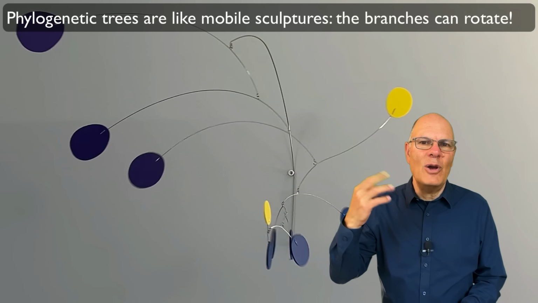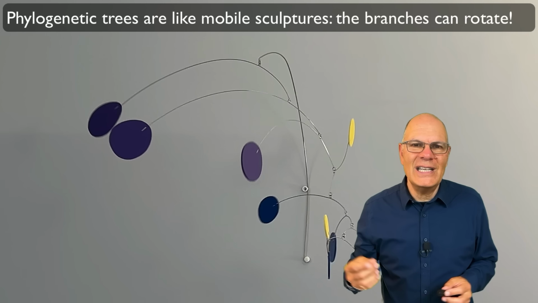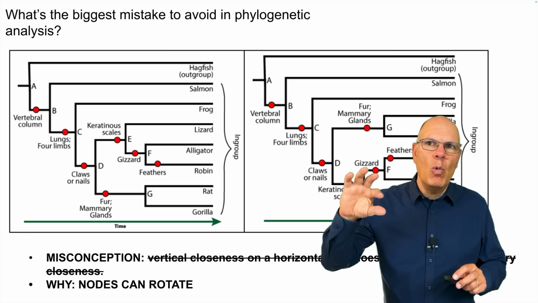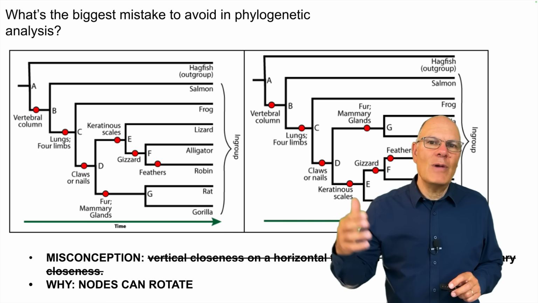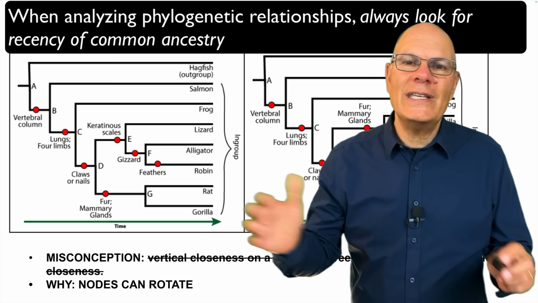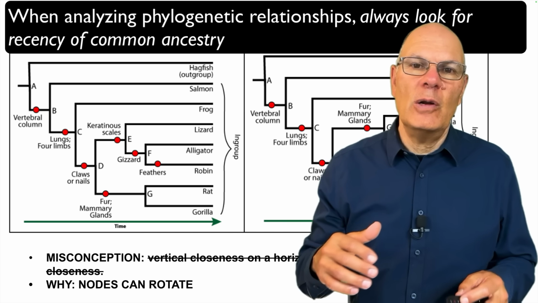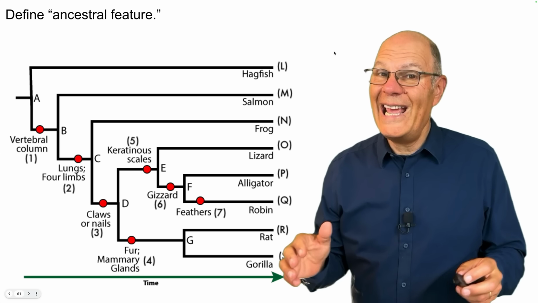If you think about the art form called a mobile, mobiles all rotate. It's a kind of kinetic sculpture. If you think of phylogenetic trees as one instantiation of a kinetic sculpture, you'll have the right idea about this. Always look for recency of common ancestry when you're trying to figure out the evolutionary relationships described by a phylogenetic tree.